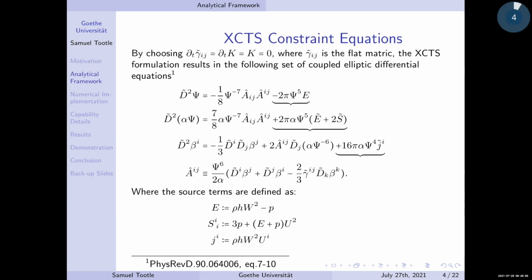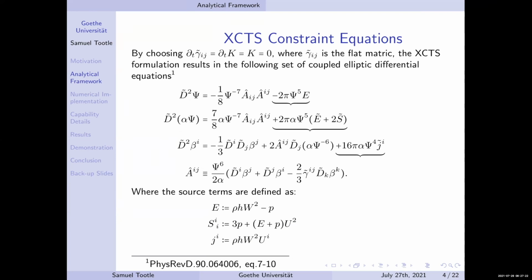For our analytical implementation, I know Heavy discussed the CTS formulation. We implement the extended conformal thin sandwich formulation, with the extended being the addition of this constraint equation on the lapse. All terms determined under braces are obviously present when you have some source, so a neutron star in our case.